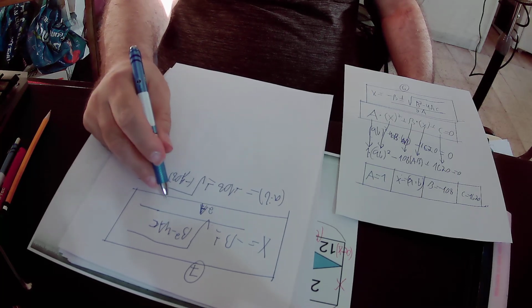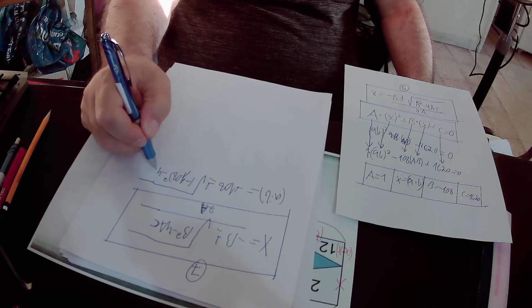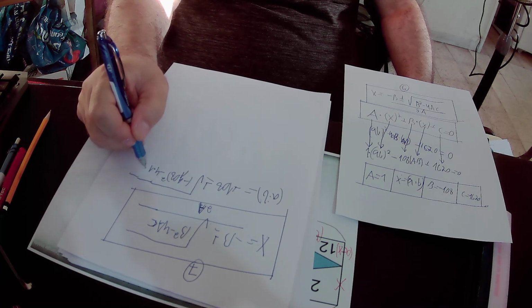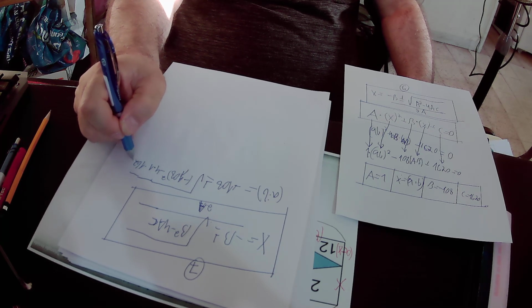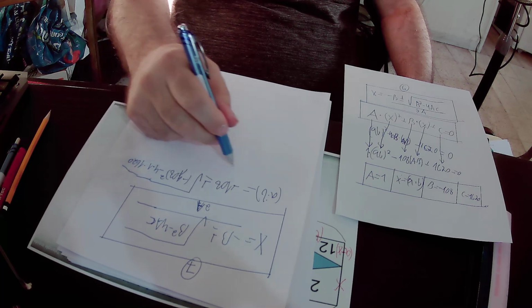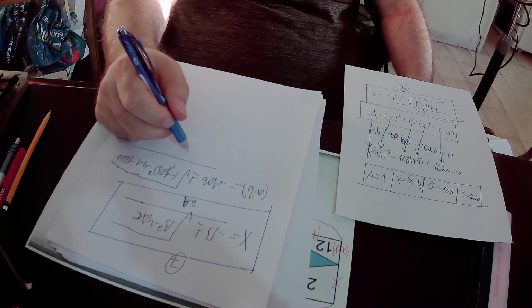Minus 4 times a, where a equals 1, times c, which equals 1620, so it is minus 4 times 1 times 1620, all divided by 2 times a, so it is 2 times 1.